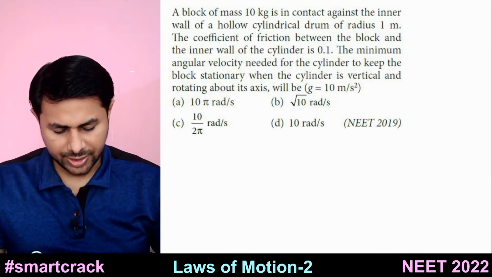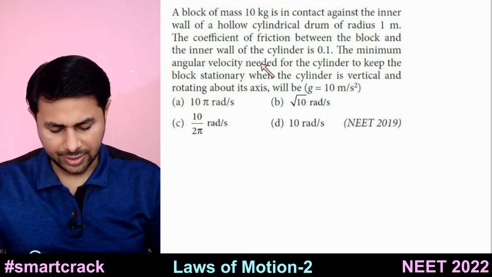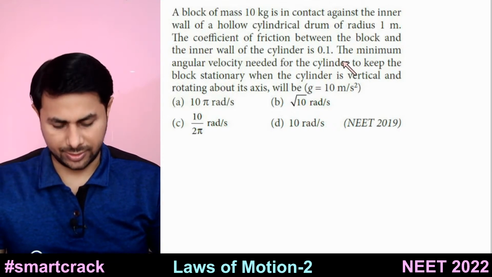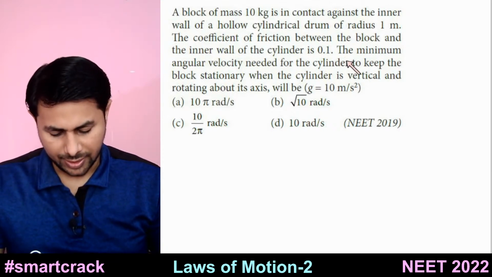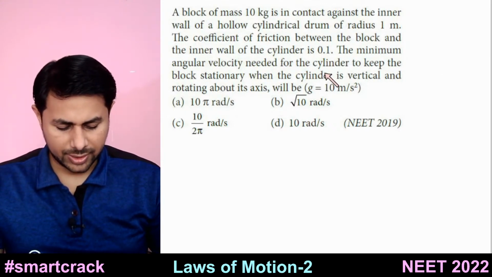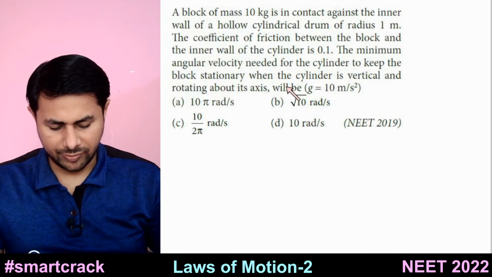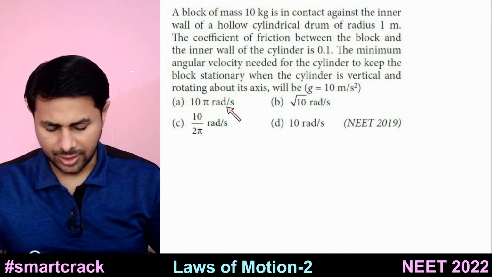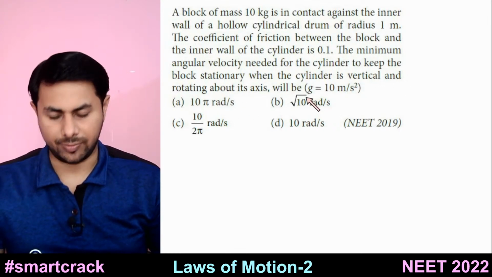The coefficient of friction between the block and the inner wall of the cylinder is 0.1. The minimum angular velocity needed for the cylinder to keep the block stationary, when the cylinder is vertical and rotating about its axis, will be?